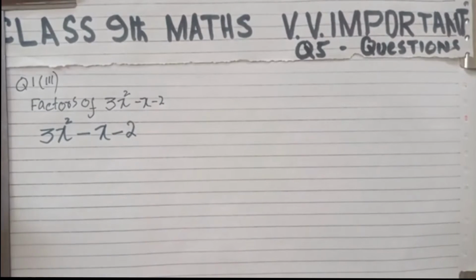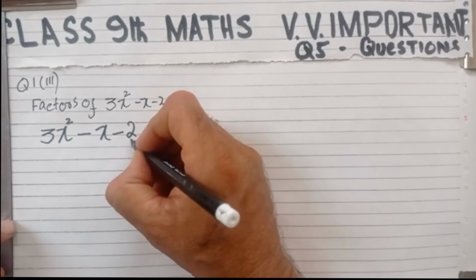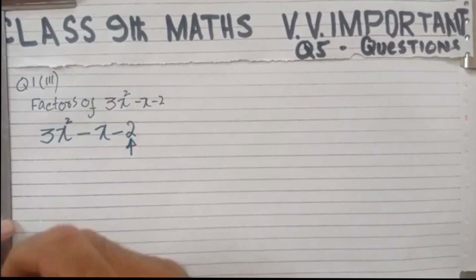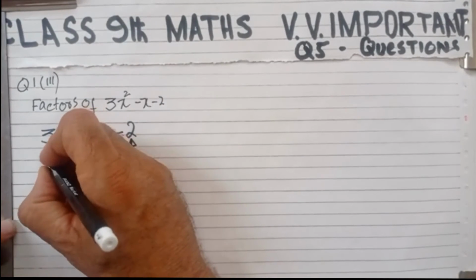Now what are the rules for how we factorize them? This is the constant, and this is the coefficient of x square.